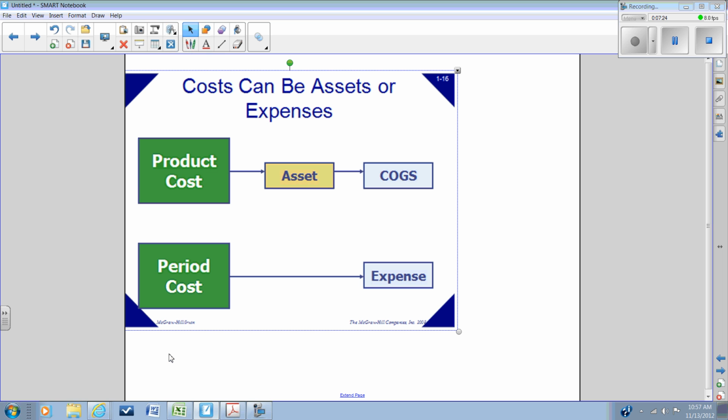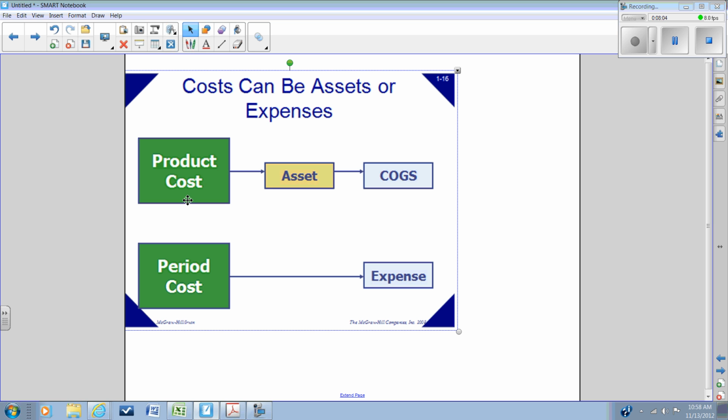Let's talk about cost. And cost is different than expense. A cost can become an expense when we cannot match it directly to a product. These are called period costs, and we expense period costs based on a time period, not on the matching of revenue from the sale of a product to its cost.